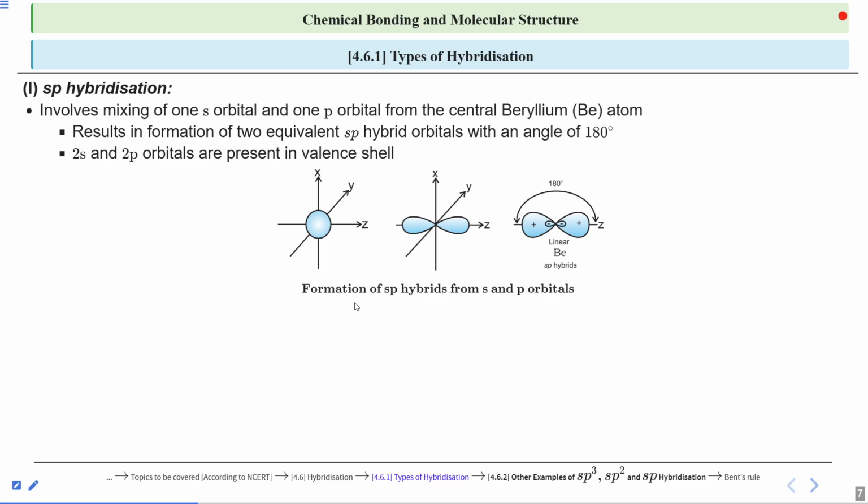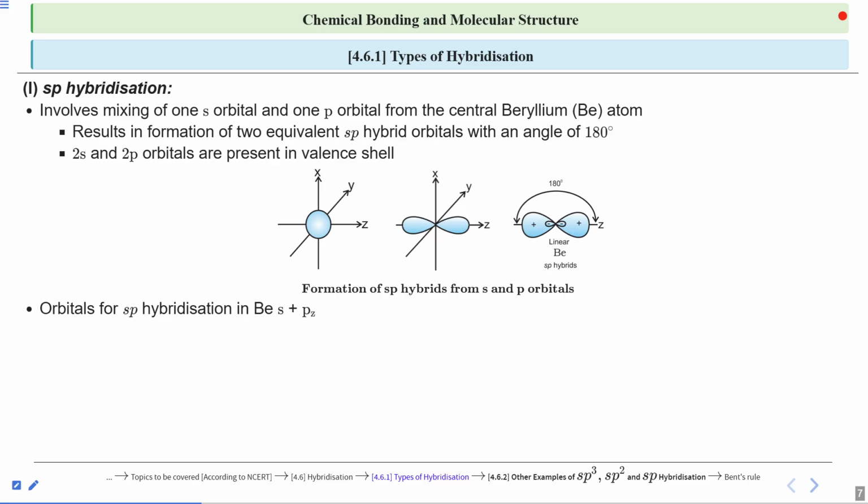Now, we can say that the orbitals which combine to form sp will be s and pz. The question arises, why are we taking pz? Why can't we take py or px?